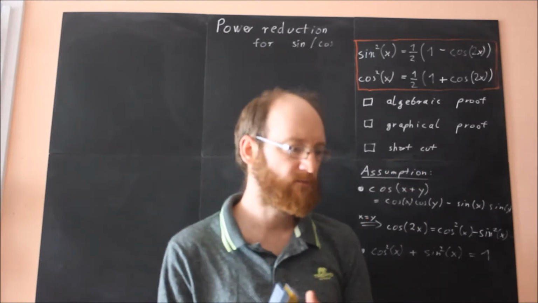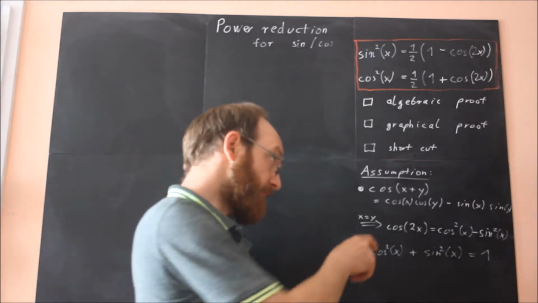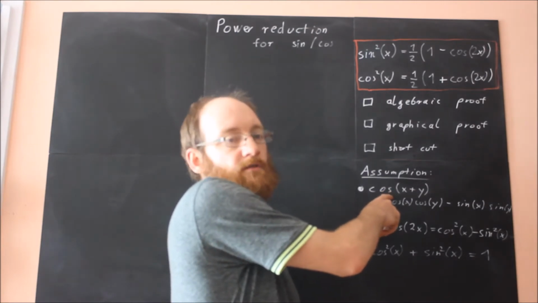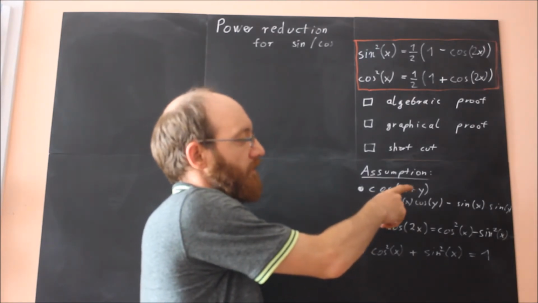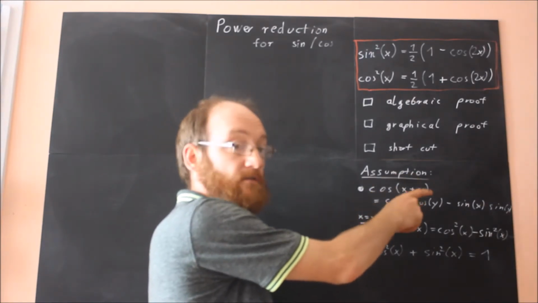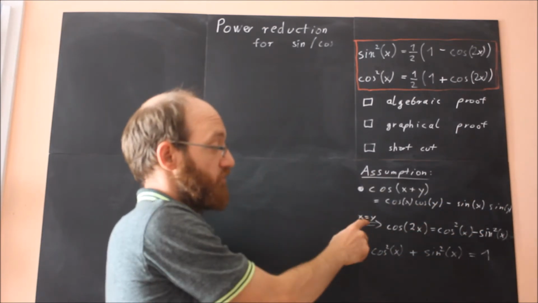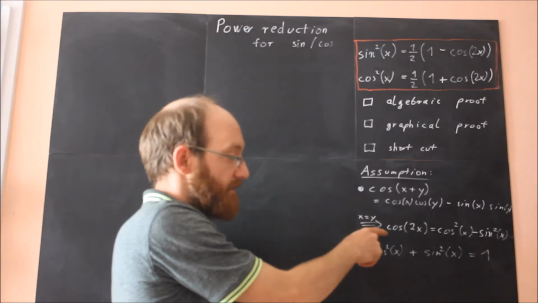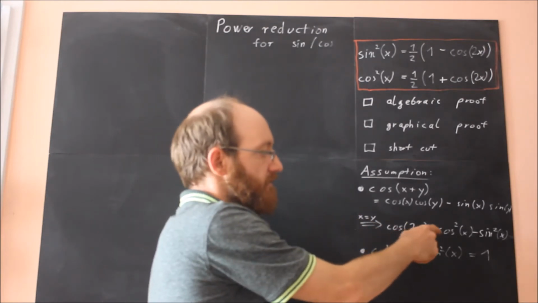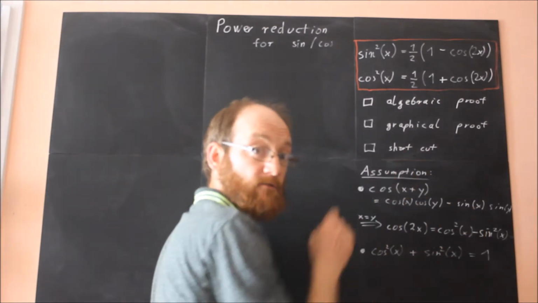And we assume for this video the addition formula for the cosine: cosine of x plus y is cosine x times cosine y minus sine x times sine y. And therefore the special case, if y equals x, we have cosine of 2x is cosine squared minus sine squared.